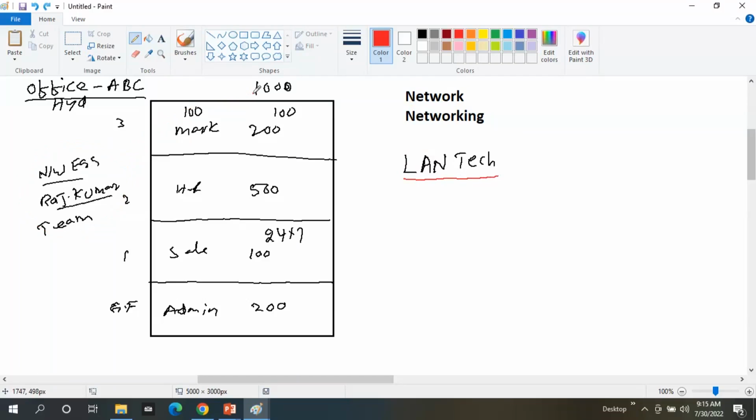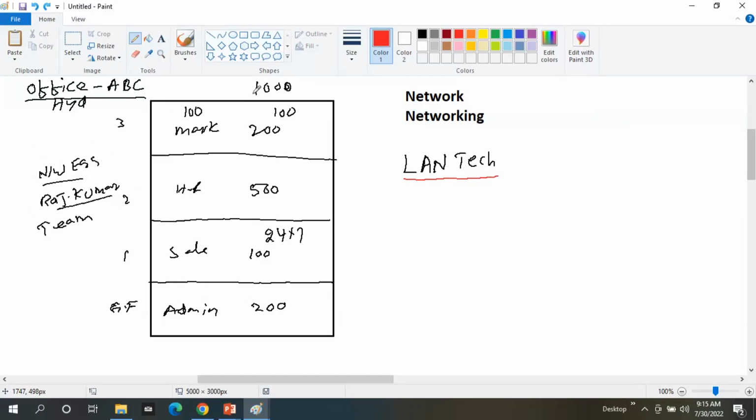On each floor, many devices, many customers. They need internet connectivity in every area, and we need to provide it. Or if you take one university building, with different departments and different wings, we need to provide network connections. But all are in local, limited premises only, right?